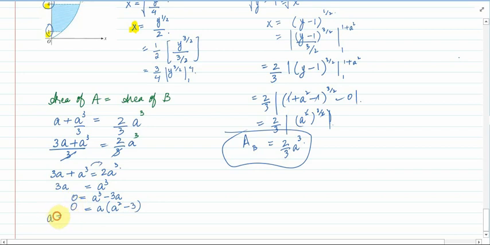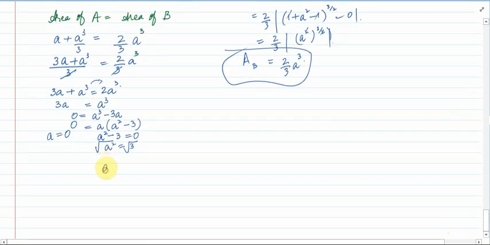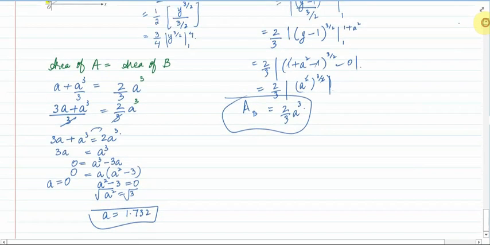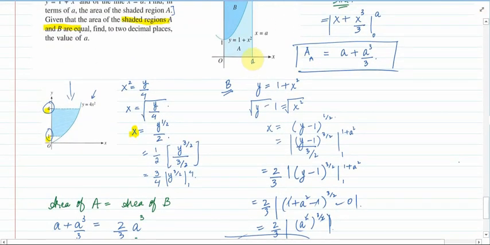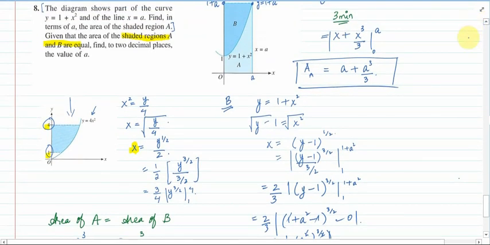If you have a equals 0 and a square minus 3 equals 0, a square equals 3, apply a root on both sides. So a equals 1.732, that is the value of a. Alright, and since the value of a must be positive, that is why we are not taking the negative value from the under root sign.